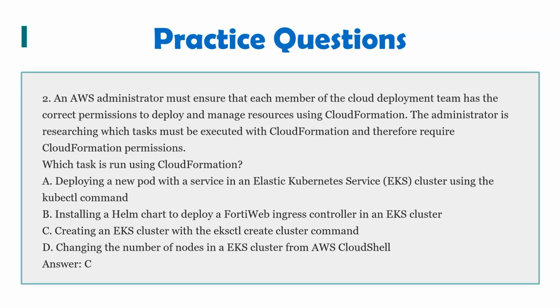A. Deploying a new pod with a service in an Elastic Kubernetes Service (EKS) cluster using the kubectl command. B. Installing a Helm chart to deploy a FortiWeb ingress controller in an EKS cluster. C. Creating an EKS cluster with the EKSCTL create cluster command. D. Changing the number of nodes in an EKS cluster from AWS CloudShell. Answer: C.